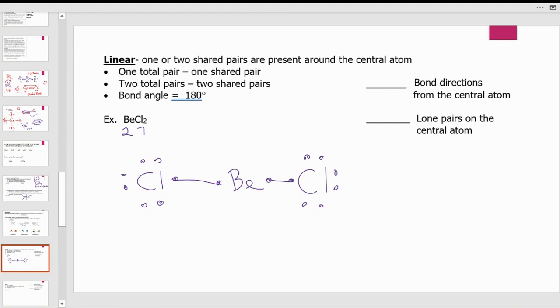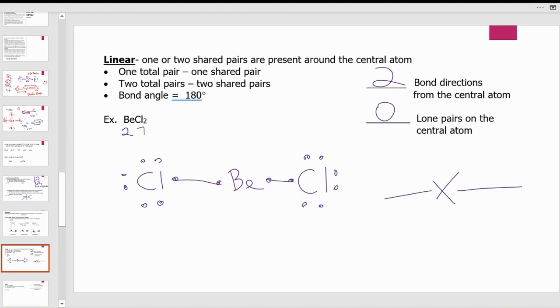How many directions is the beryllium going in? 2. Does the beryllium have any lone electrons sitting on it? No. This is the key to linear: you have an atom in the middle, and the other atoms are just in opposite directions. What angle would you say that those 2 bonds are at? 180.